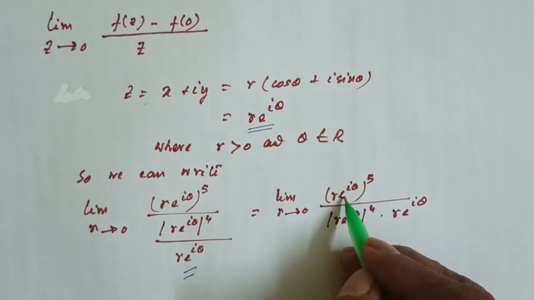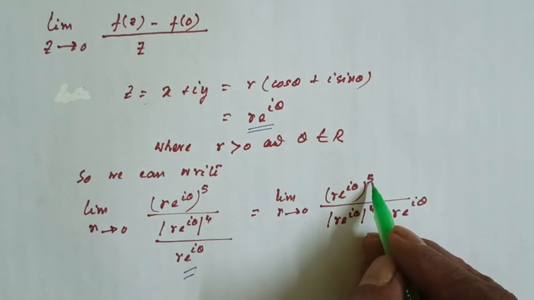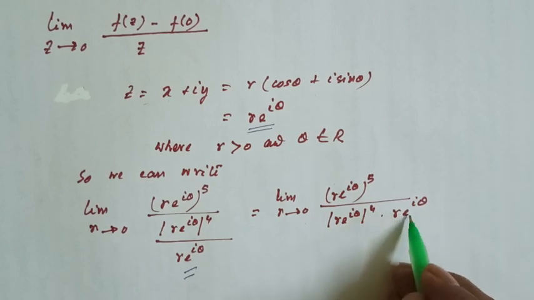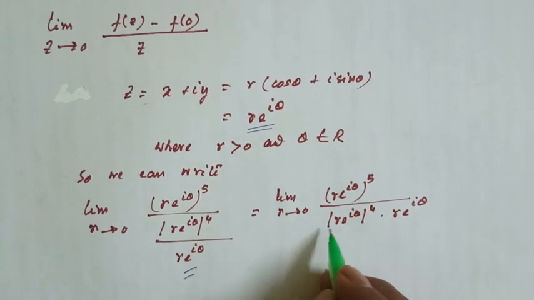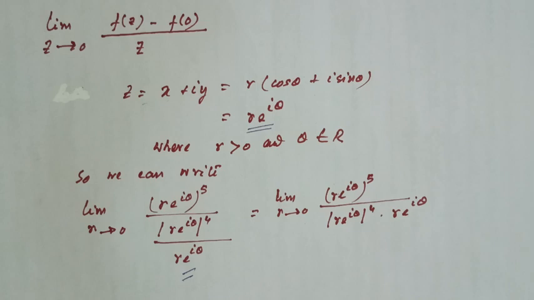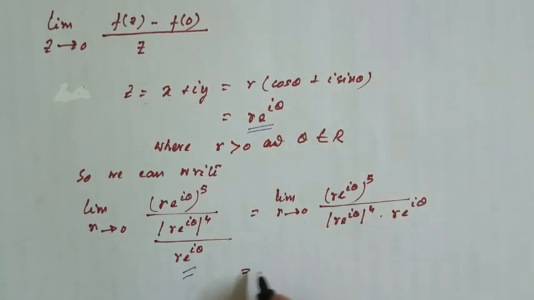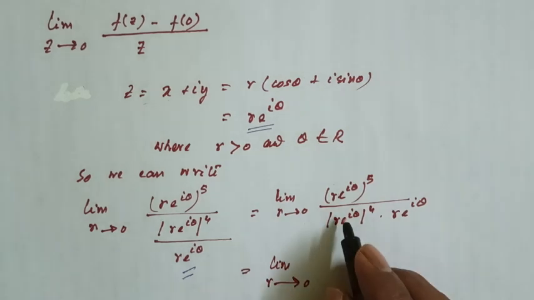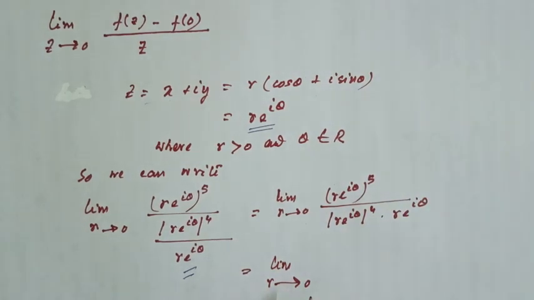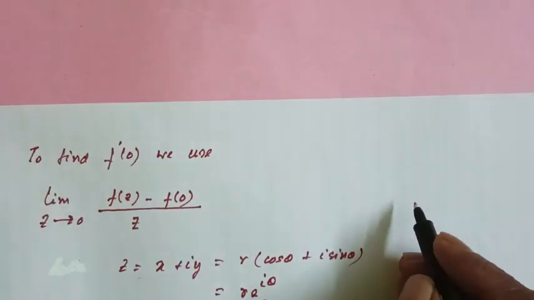This is (r e^(i theta))^5 over modulus of (r e^(i theta))^4 and r e^(i theta). Now how this has to be calculated, I will show you. This portion is 1 basically, as we all know. So I can do the calculation here.